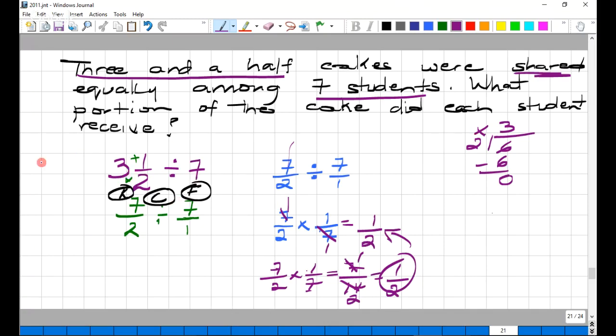So can we test this one? Multiply the quotient by the divisor and see if we'll get back the dividend. What's the quotient? What's the answer? A half. What do we test it by now?